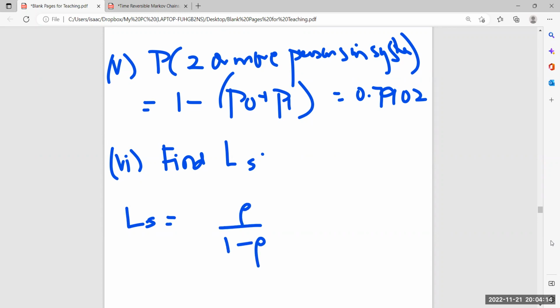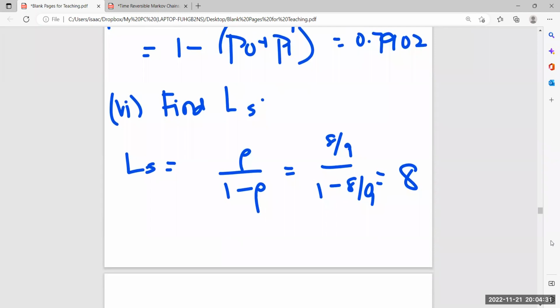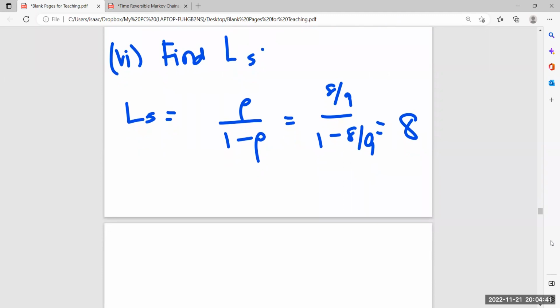So this is simply 8 over 9 over 1 minus 8 over 9, which is 8. So on average you will expect to see 8 persons in the system. That doesn't mean that every time you go there you will see 8. The number will vary, but over a long period of time, you'll expect to see 8 persons in the system.